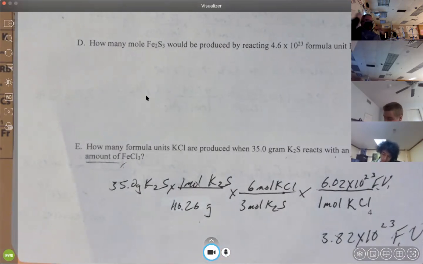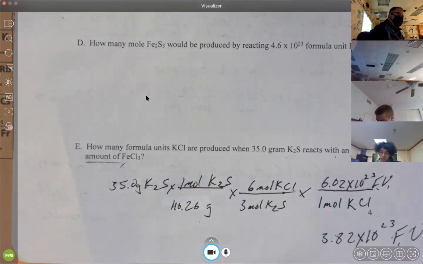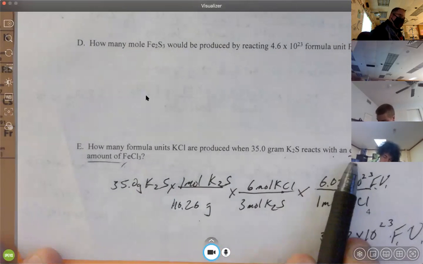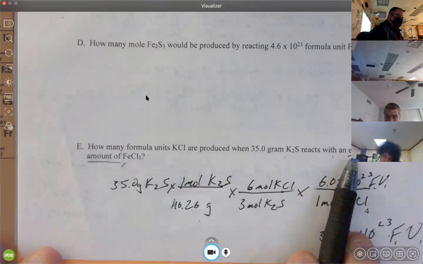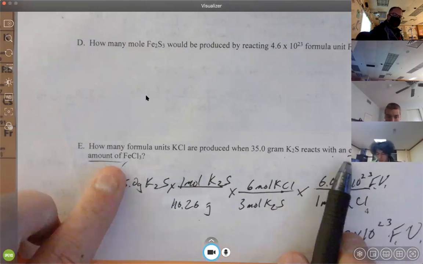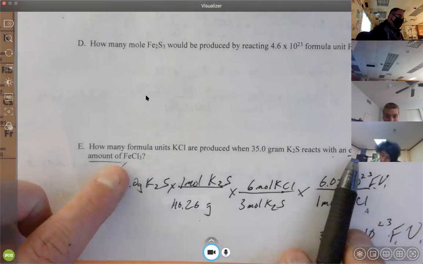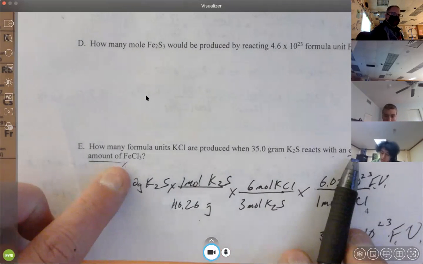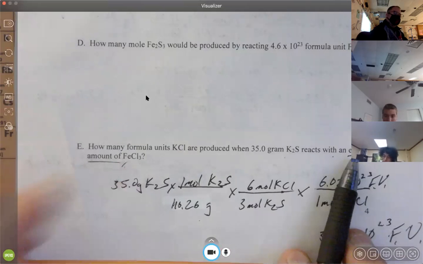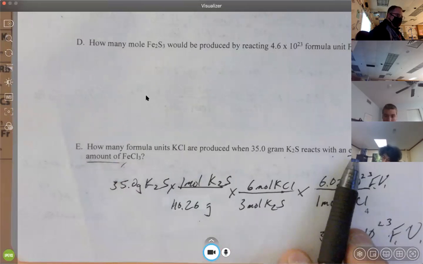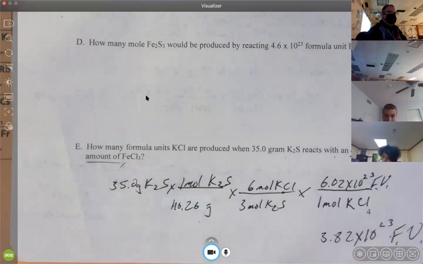Wait, how come we didn't do anything with the FeCl3? Remember earlier when we talked about limiting, this is saying it's in excess, so it doesn't matter. This is like water. We have more than enough of this FeCl3. It's basically a way to prep you for talking about limiting reagents and excess reagents. It's there to make you think about what that means.